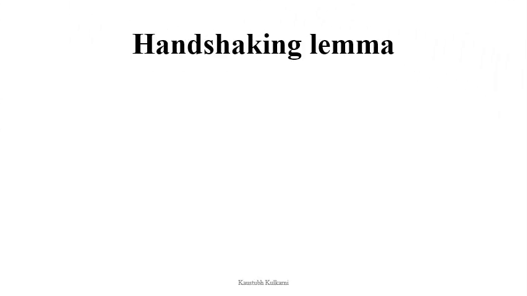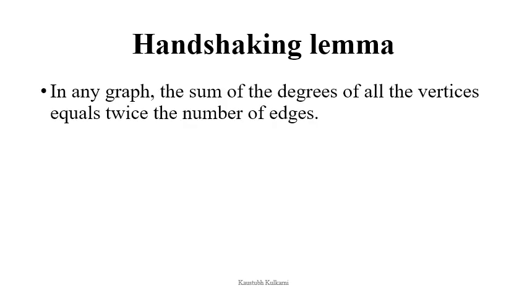Now there is an interesting result for graphs, which is also a simple observation. It is called the handshaking lemma. In any graph, the sum of the degrees of all the vertices equals twice the number of edges.